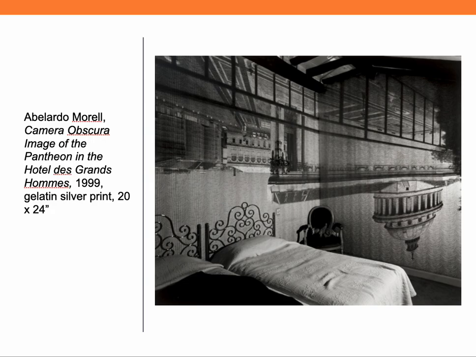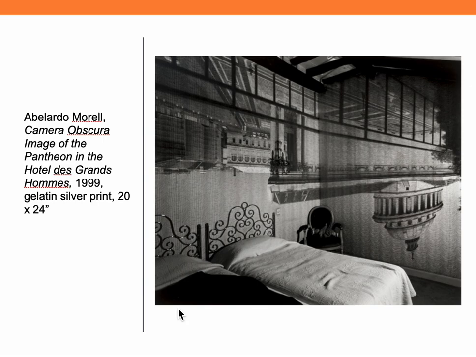We can see that with this particular photograph, taken standing inside of a camera obscura. It was created by a Cuban-American artist named Morel. Morel rents hotel rooms across the street from famous landmarks across the world, and then he turns that hotel room into a camera obscura.